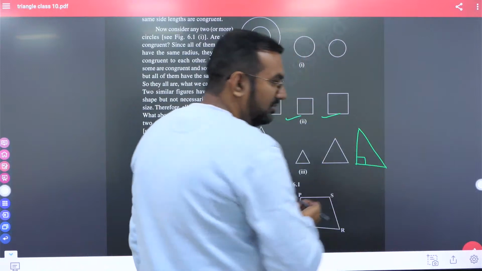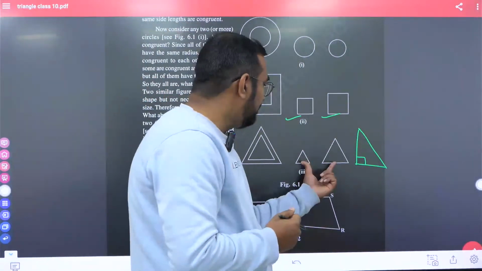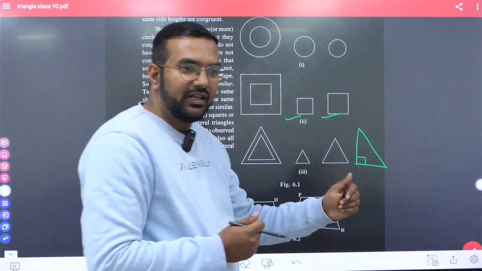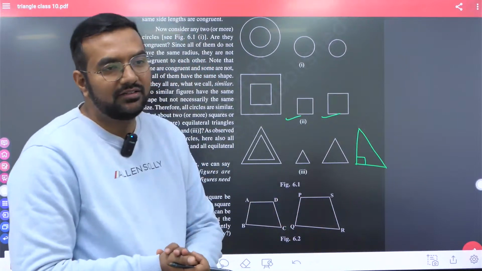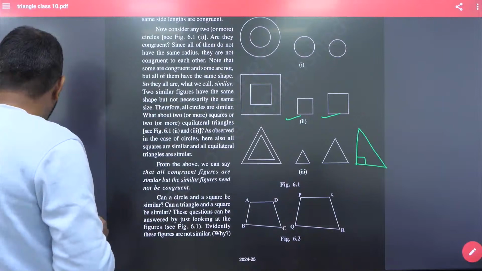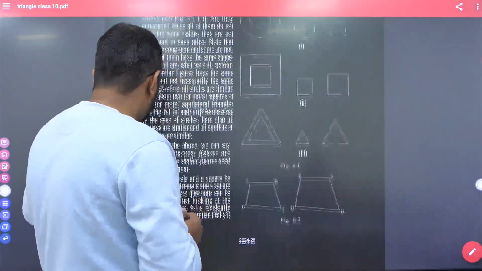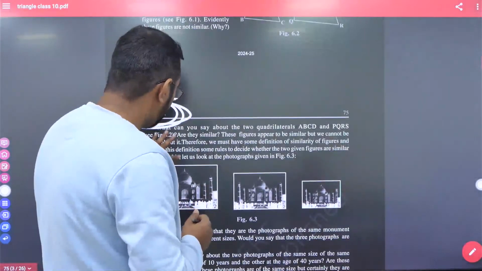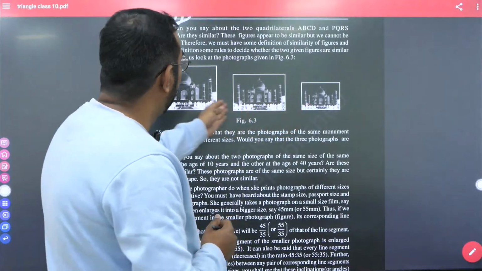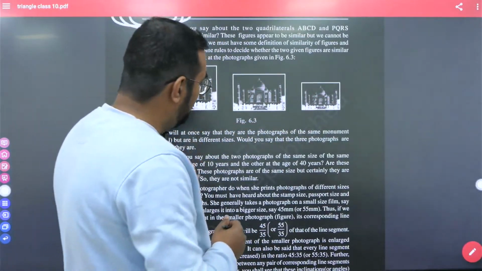Are their shapes the same? No. So similarity of triangles depends on the type of triangle. If the triangles are equilateral, they are similar. Otherwise, we have to check whether they are similar or not. They may or may not be. These three figures are similar, you can see. Their sizes are different, but shapes are the same. So they are similar.